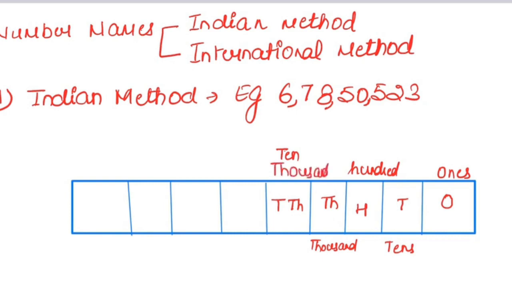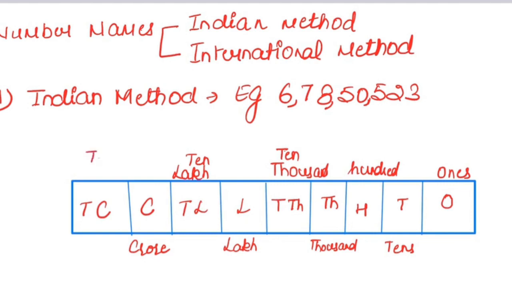Next is lakh. Okay, so we will write here lakh. After that 10 lakh, so we will write here 10 lakh. Next is crore. Okay, so we will write here crore. And the next one is 10 crore. After that we will start Arab.